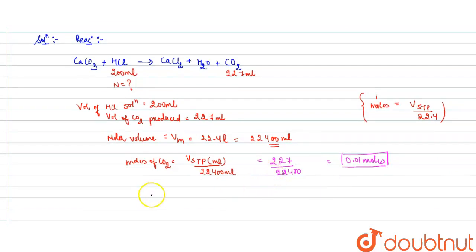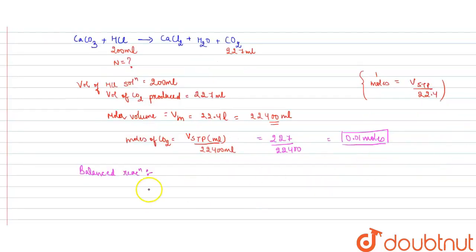Now, if we write the balanced chemical equation for the reaction taking place between HCl and calcium carbonate, the balanced reaction will be calcium carbonate plus HCl gives CaCl2 plus H2O plus CO2.